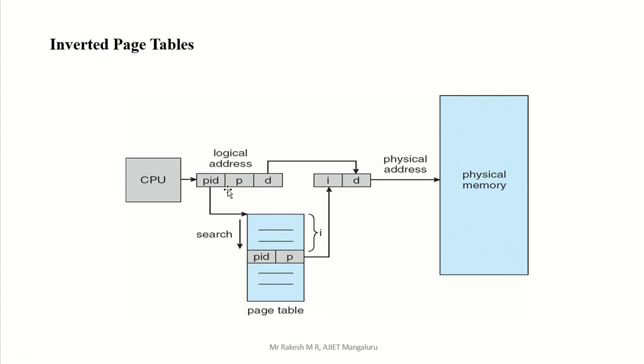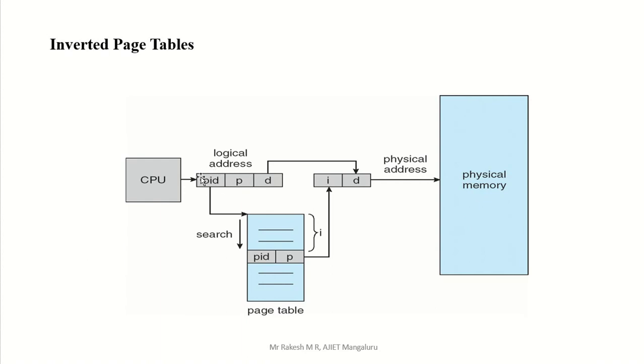In the inverted page table, the process ID and page number are combined and present inside the page table. So why is process ID required? Because a lot of pages are there in your main memory, and we need to know which page is related to which process.